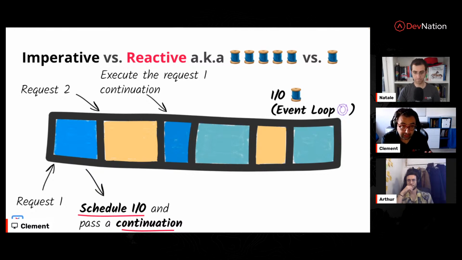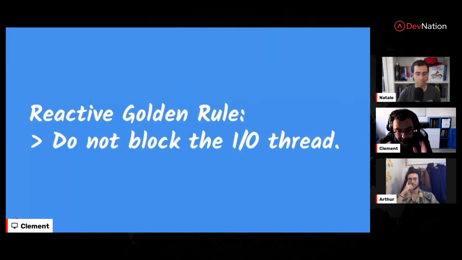So basically, you do the scheduling, you pass the continuation, the thread is released, so we are not blocked, so you can handle another request on the very same thread, and so on. When the I/O completes and the thread is available, boom, you call the continuation. One of the key aspects of this is that your continuation and your request are called on the very same thread. So this model is very, very efficient.